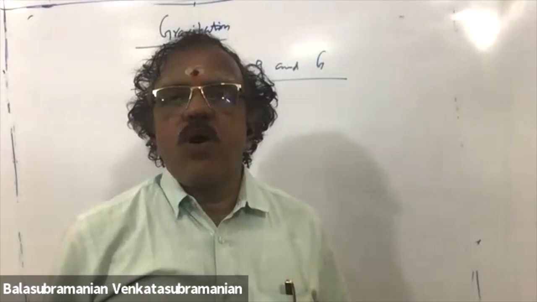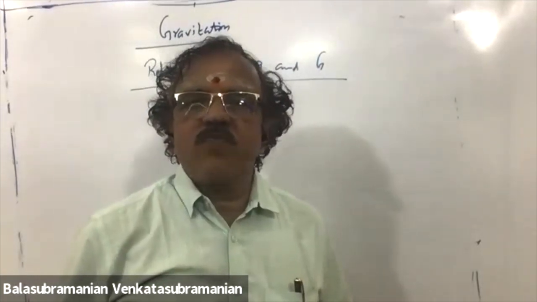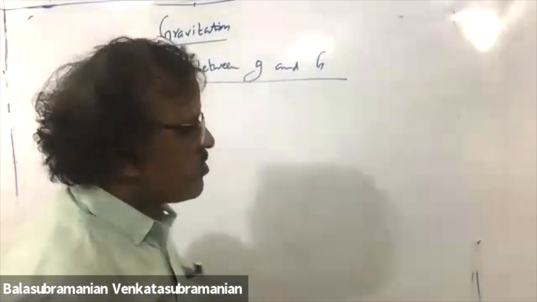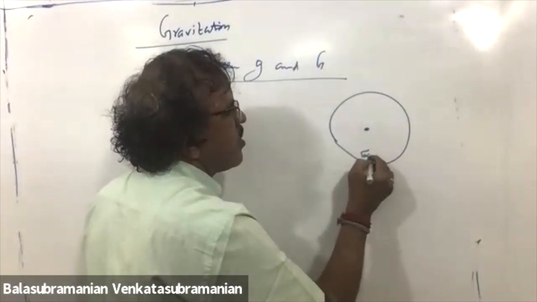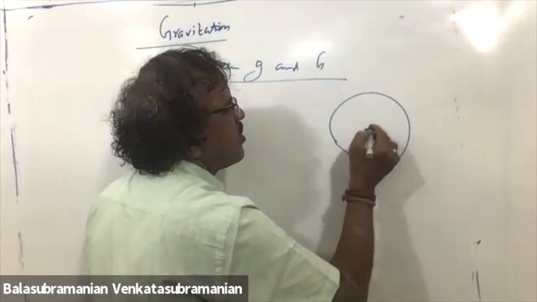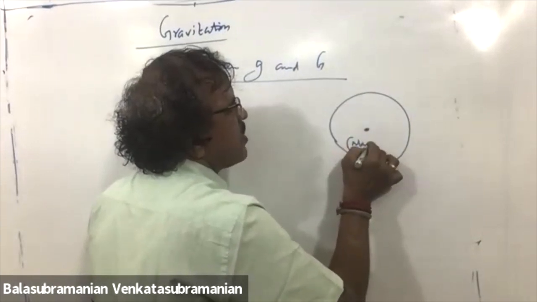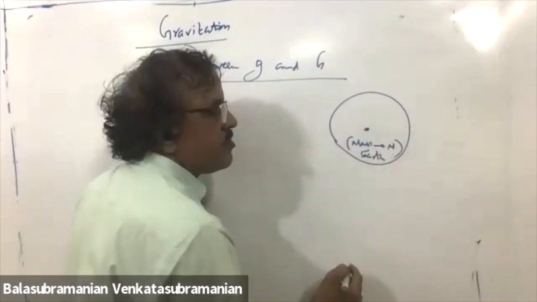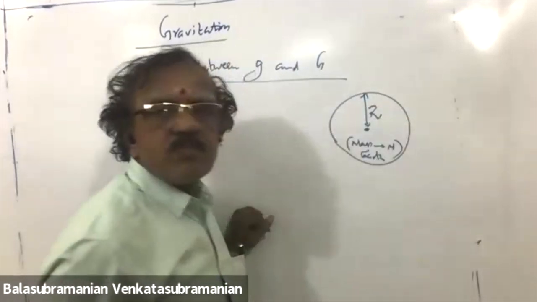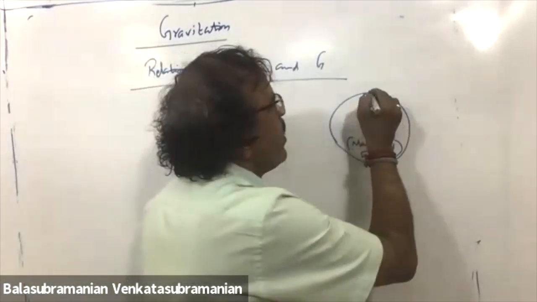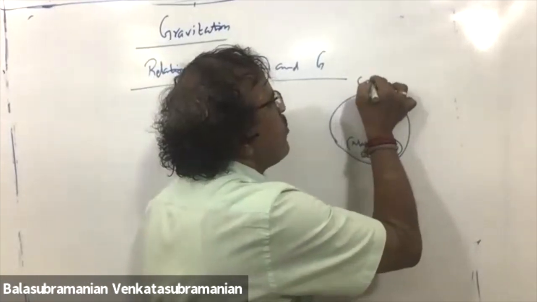Suppose the body is placed on the surface of the earth. This is earth, center of earth. Mass of earth is capital M. Radius of the earth is capital R. You are placing one body here of mass small m.